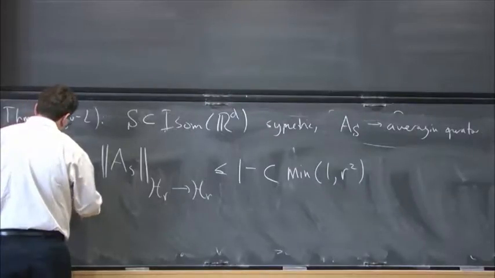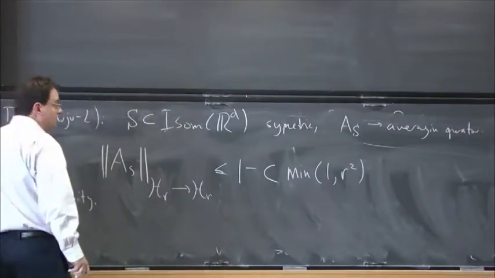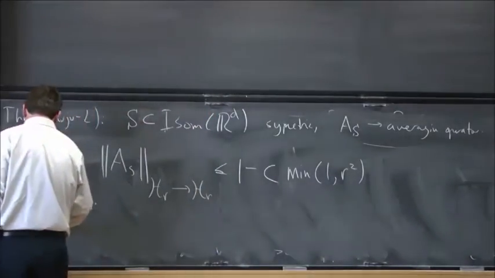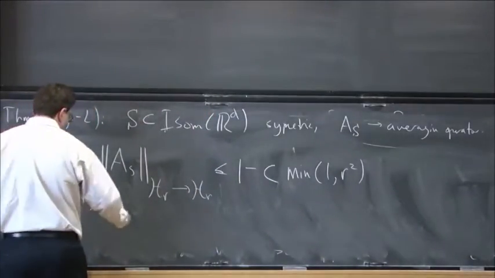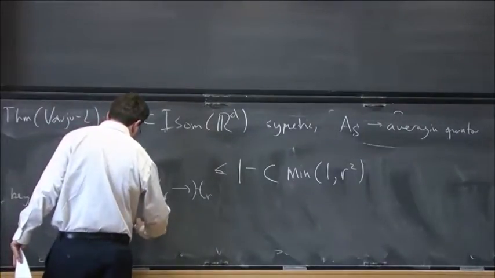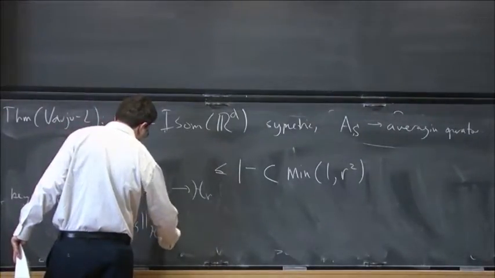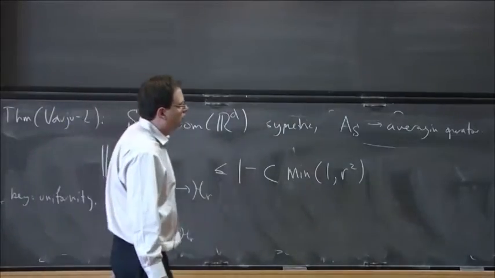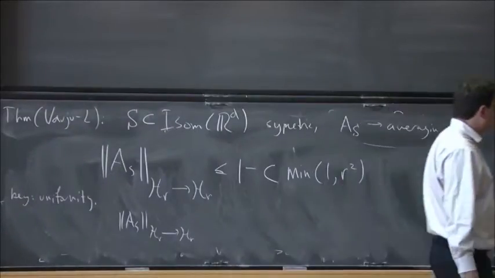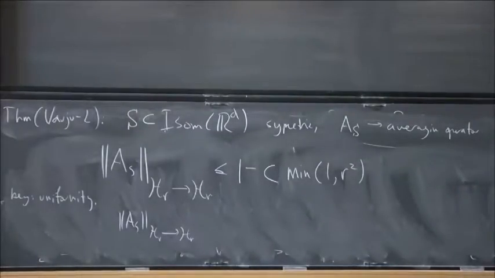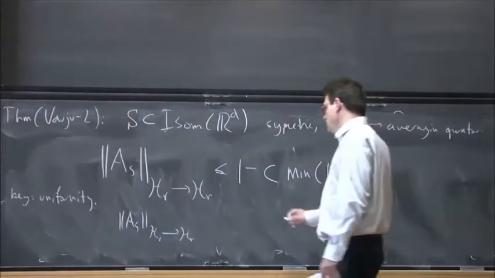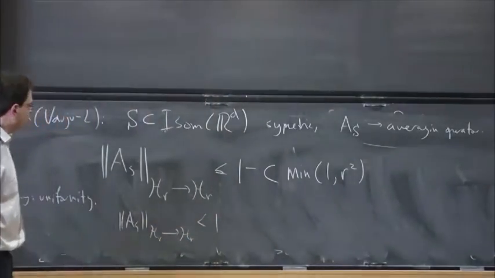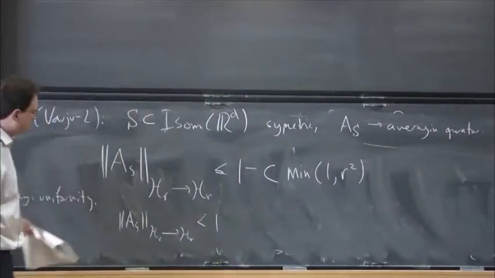I mentioned earlier Conze and Guivarc'h. I'll mention them again. An ingredient in the proof of Conze and Guivarc'h of this local limit theorem was actually a non-effective proof that the norm of this estimate for any R bigger than 0 is less than 1.